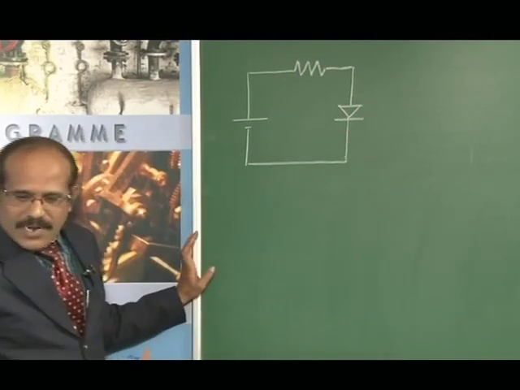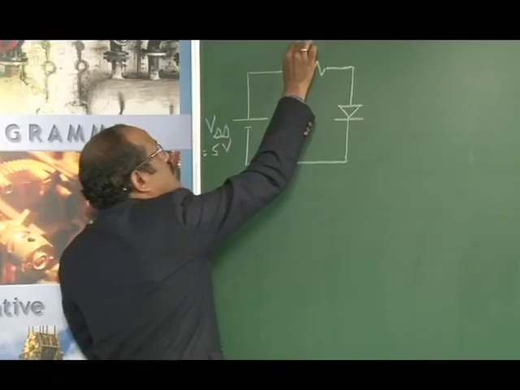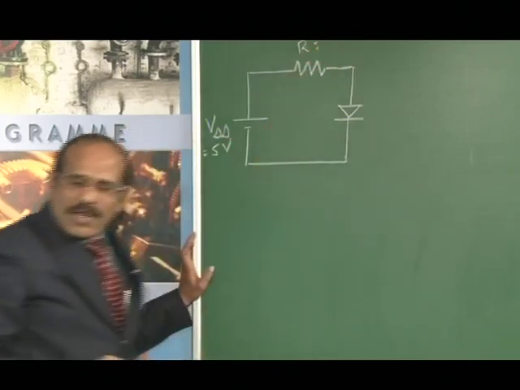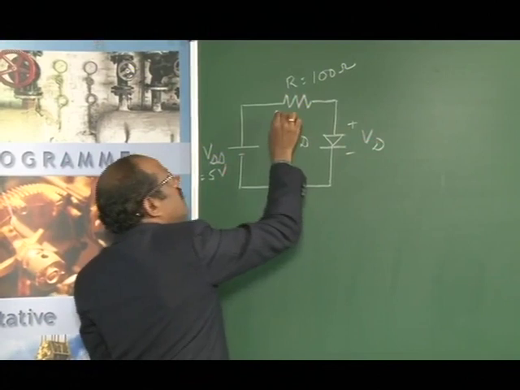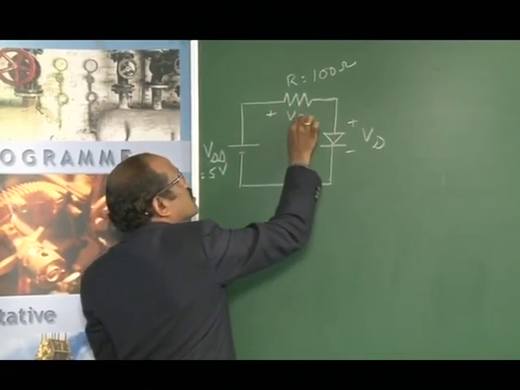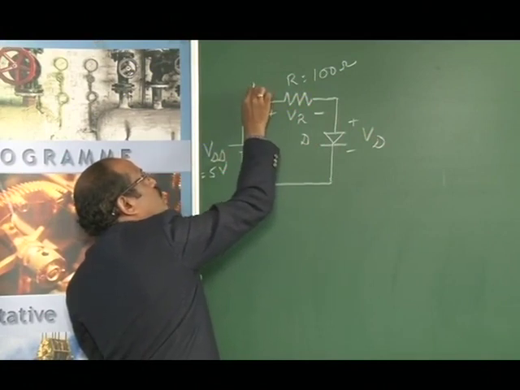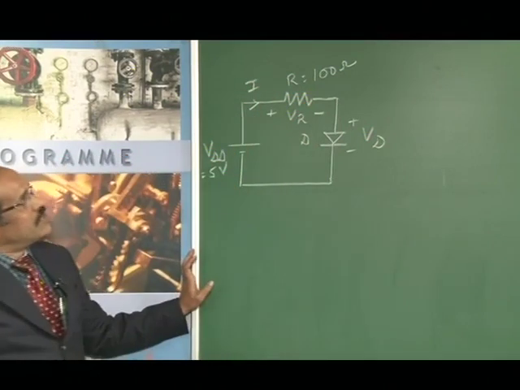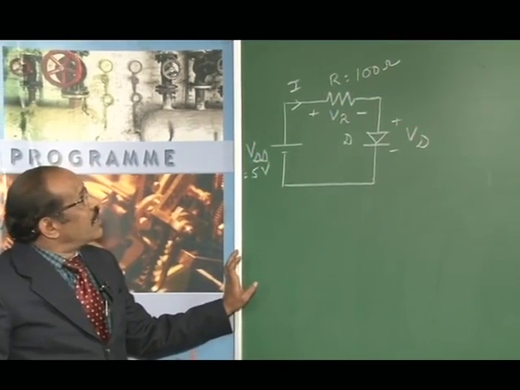This particular supply is defined as VDD, which is 5 volts, whereas this is R. The value of R is 100 ohms, and this is in series with the diode D. Whatever voltage drop there is across the diode, we write as Vd, and the voltage drop across R we represent as Vr, and the current that flows through this resistance is mainly the current I.